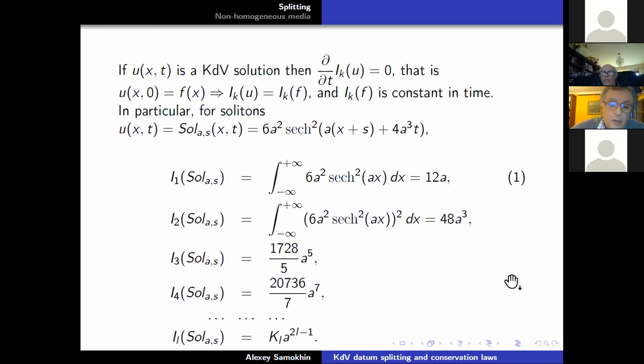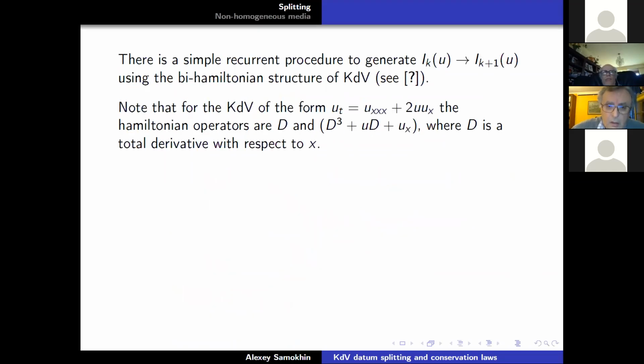But they will be used in the formulas. This is something which everybody knows. I made this slide only to show that for this very form of KdV, the Hamiltonian structures are generated by these operators.